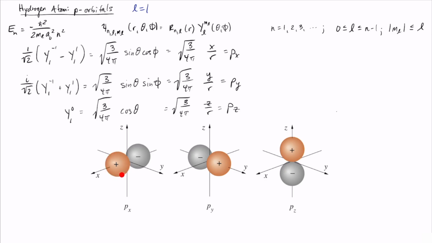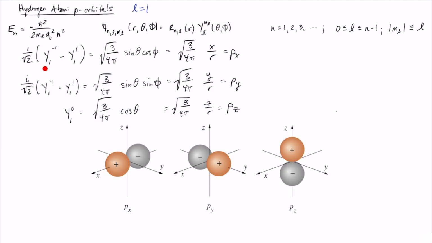So we see that the px orbital has a positive lobe in the positive x direction and a negative lobe in the negative x direction. Y similarly has a positive lobe in the plus y and a negative lobe in the minus y, and z has a positive lobe in the plus z and a negative lobe in the minus z. Okay, so these are your 3 real p orbitals.